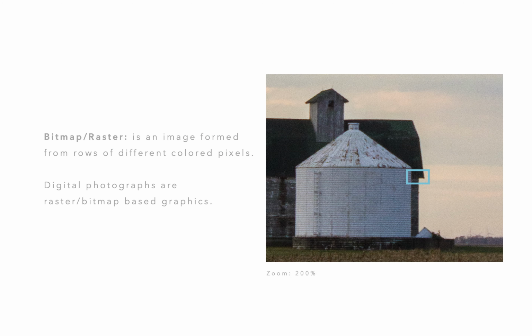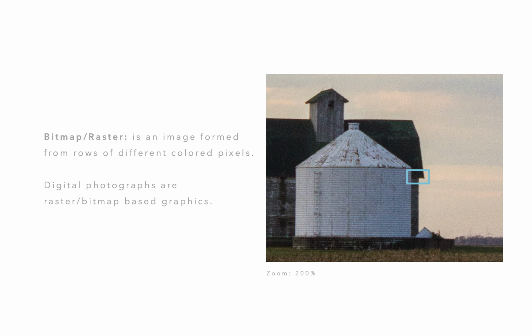So, some basic digital terms. Those were all geared towards understanding the different properties of getting a good exposure down. What we're actually creating whenever we take a photograph with a digital camera is a bitmap or raster image. This is an image formed from rows of different colored pixels.